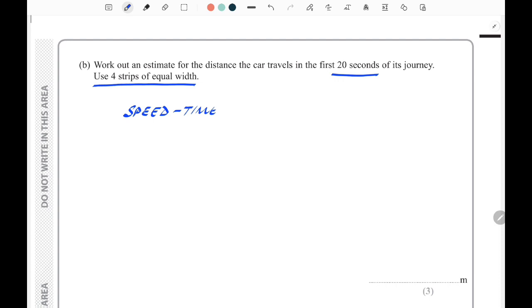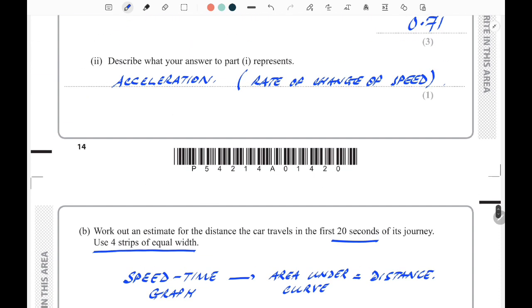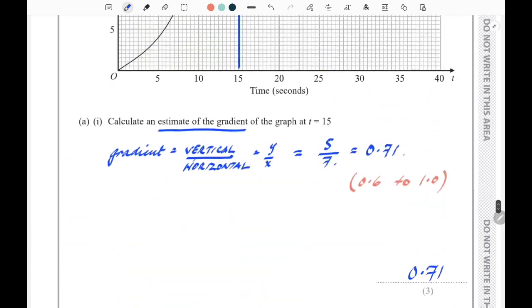Speed time graph, right? The area under the curve equals distance. That is the principle we're going to be using. And it says 4 strips of equal width up to 20 seconds.